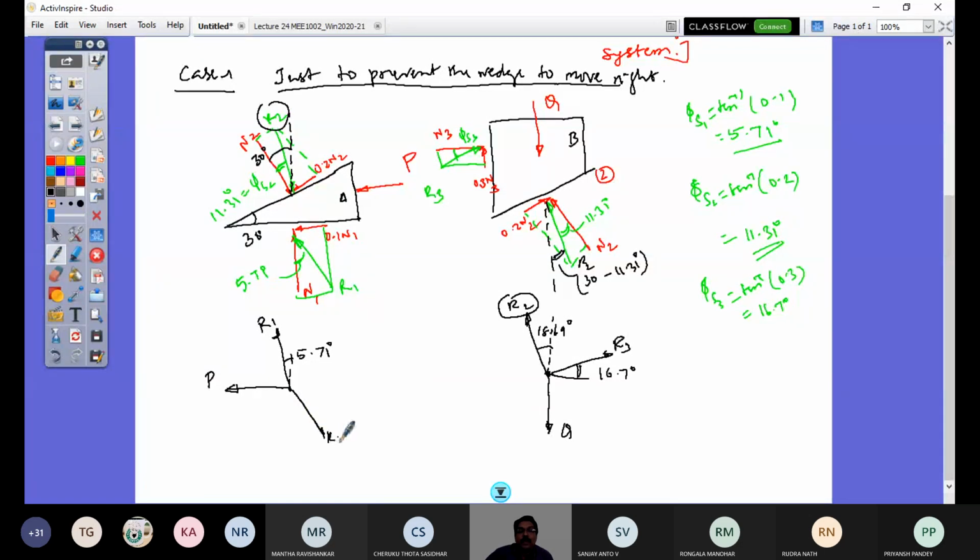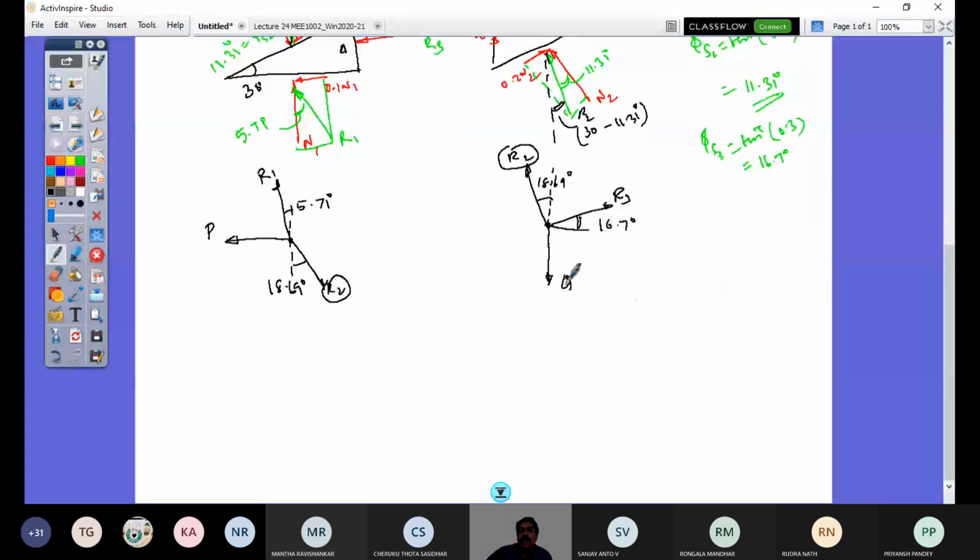This is R2, and it makes 18.69 degrees to the vertical. So that is all. From this R2 I can find P. Now let's again apply Lami's theorem on the block first and get R2.